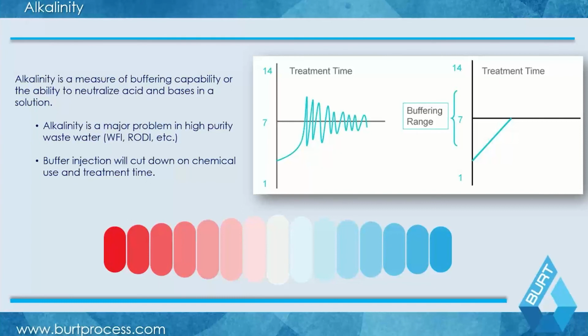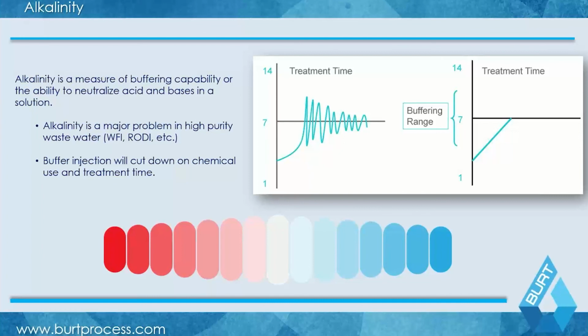The processes by which you make that water strip out the alkalinity from the water to reach its purity level. And the alkalinity is a measure of the buffering capability, or the ability to neutralize acids and bases in a solution. What very often happens is you use this water in the processes, and then you send it down the drain with the balance of the chemistries, and now you end up with a pH neutralization system full of high purity water and some chemicals involved.